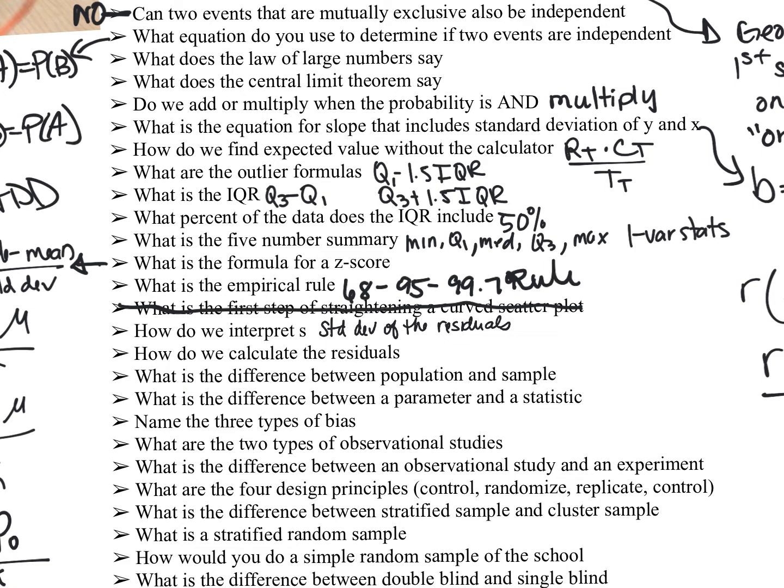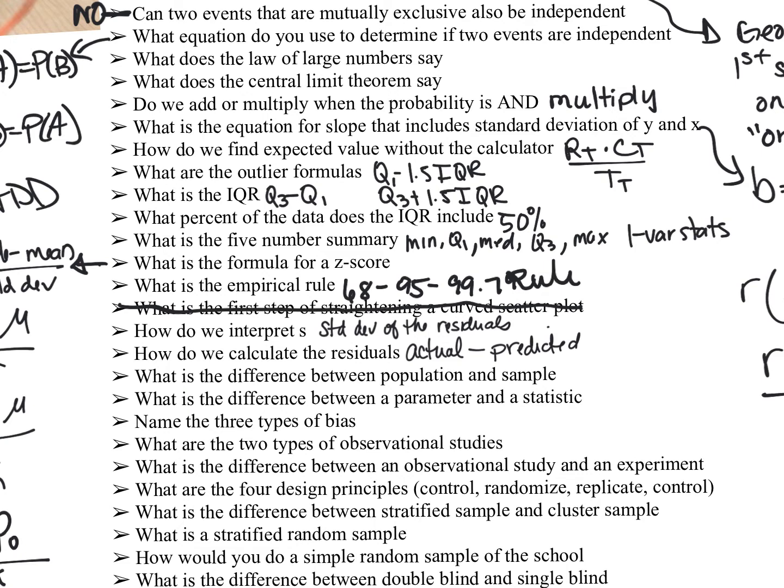How do we calculate residuals? It's the actual, or the observed, data point minus what the equation predicts. So you would plug your x value into the equation to find the predicted, and then you subtract it from the actual data value. Remember that a positive means it's above the line and a negative means it's below the line.